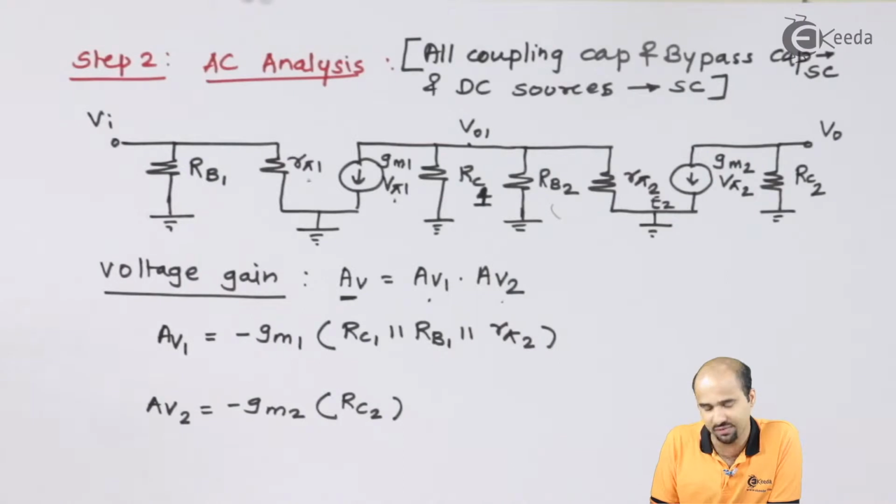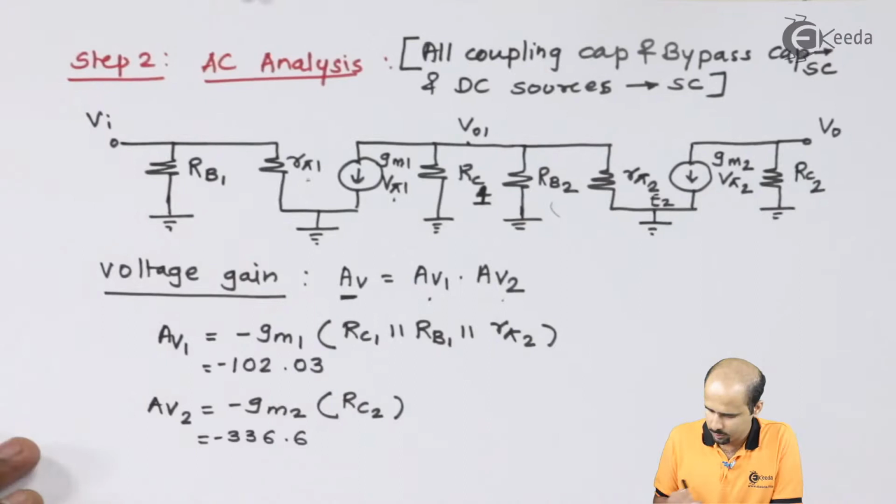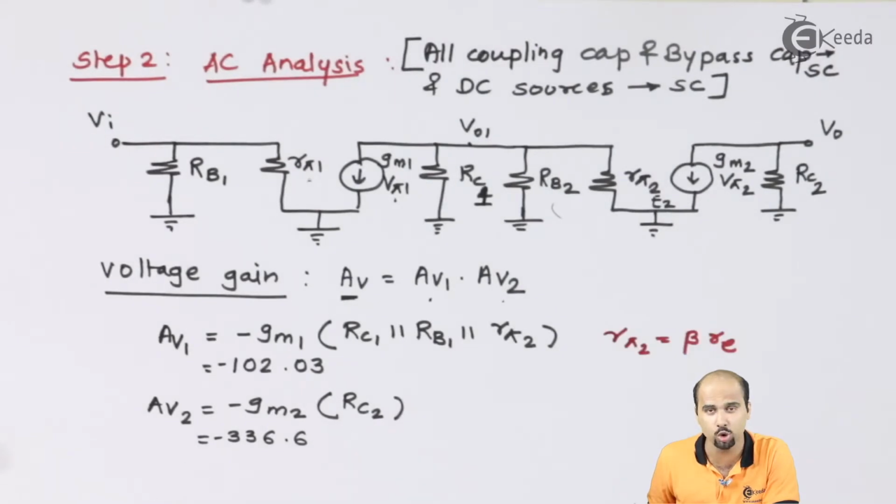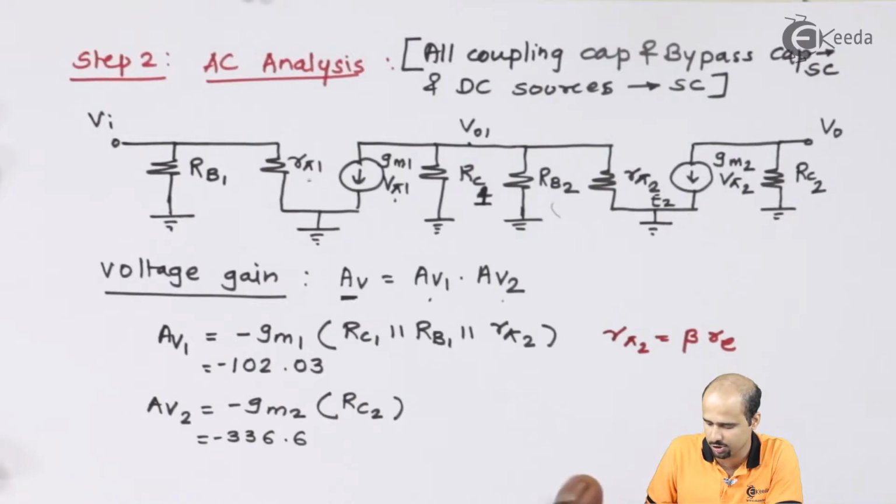So stay tuned for that. Calculate the values of AV1 and AV2, check whether your calculator is working or not, and then come to me immediately with the values of AV1 and AV2 and check whether I'm correct or not, right? Your values should be AV1 is equal to minus 102.03 and AV2 is equal to minus 336.6. As gain has no unit, we'll keep these values as they are and just multiply these two values.